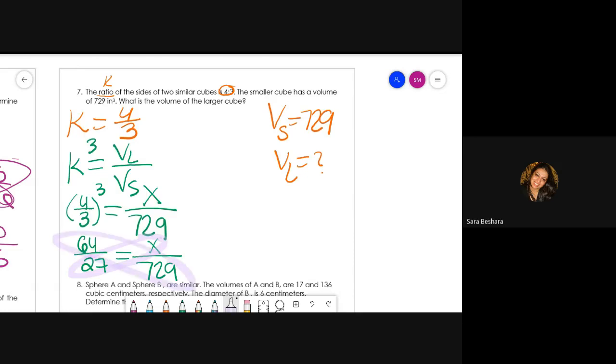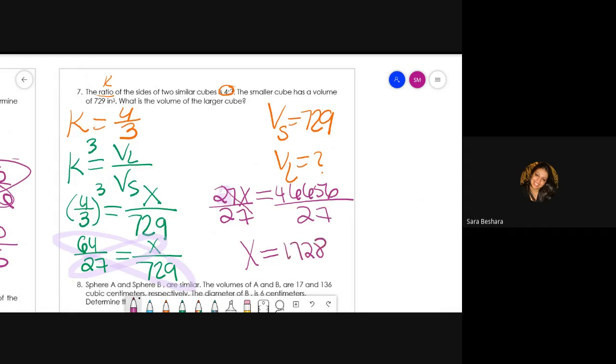So I get 27 times X, so that would be 27X equals 729 times 64, which is 46656. Divide by 27. X is 1,728 inches cubed.